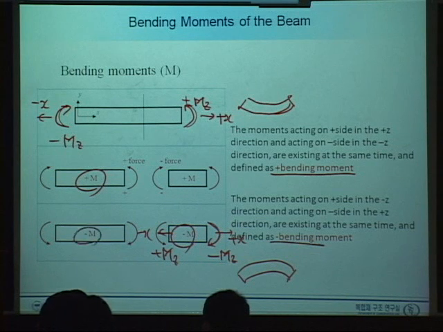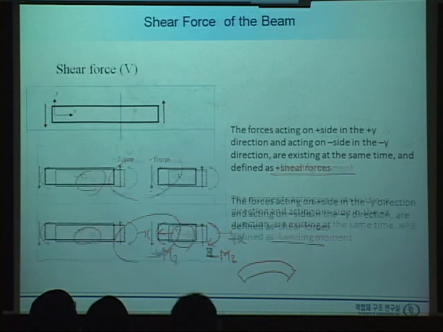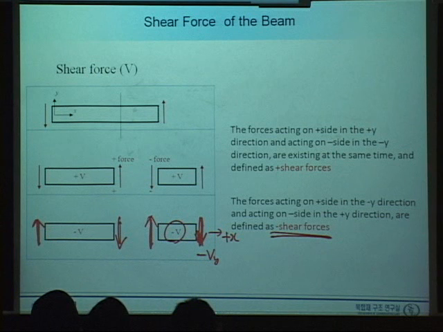Okay, minus bending moment. And again, this is just showing the internal forces at an arbitrary cross section. Again, you have to understand this sign. These are the rules for signs.